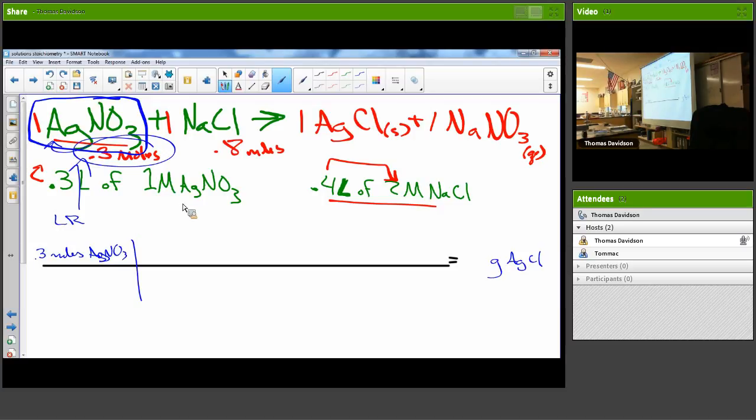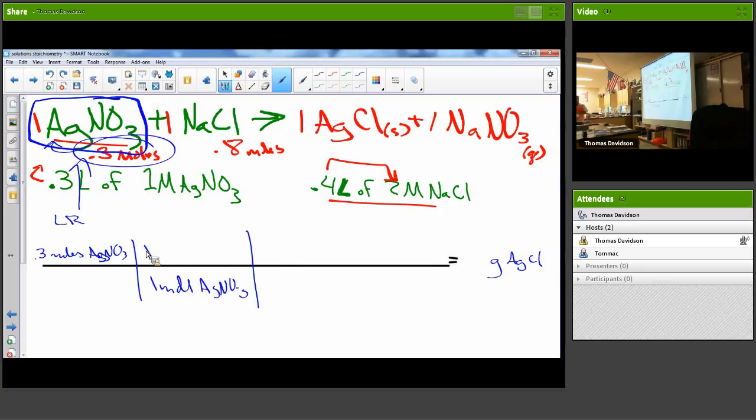From here, we're set, aren't we? So we have 1 mole AgNO3. And do not put the molar mass of AgNO3 on top. Do we need the molar mass of AgNO3 in this problem at all? No, because we're already in moles, right? So what does go up here?